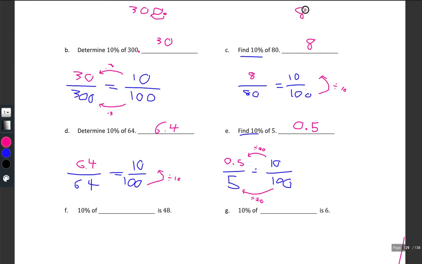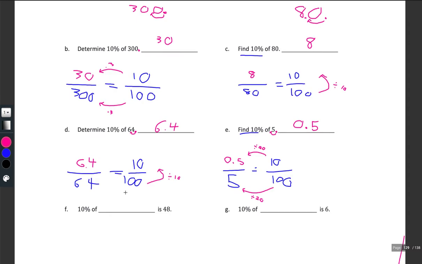You have 80, that's where the decimal place would be, right? We don't have the decimal place on these numbers necessarily because there's no decimal, but you move the decimal over and you'd have 8. 64, you'd have the decimal place, you move it over, you get 6.4. 5, you have the decimal place, you move it over 1, and it's 0.5.